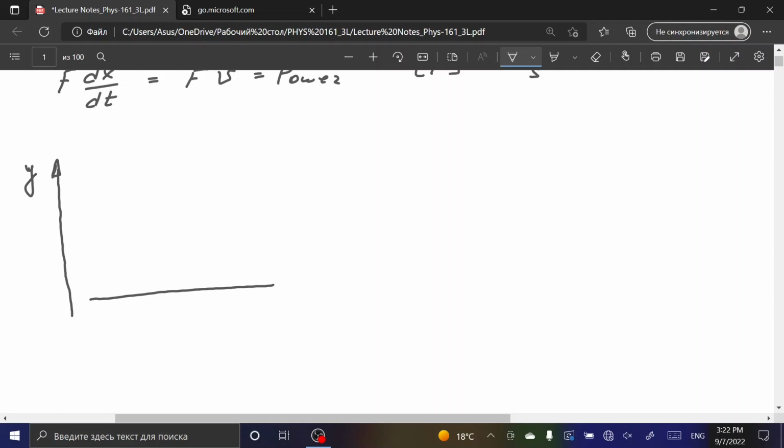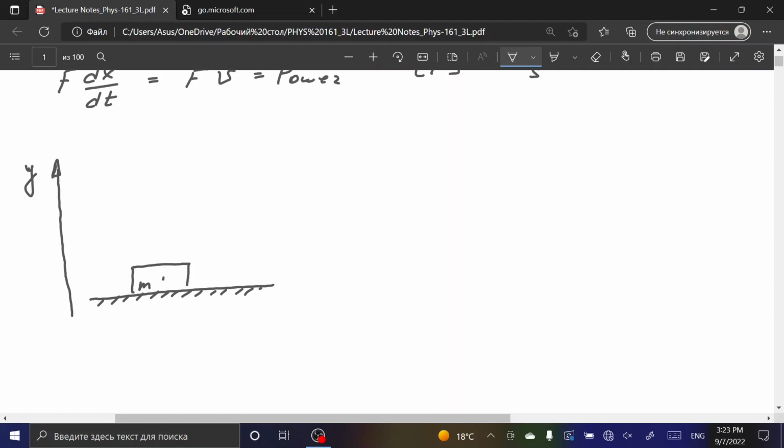We have some zero level, which is our surface, say ground, and a block with some mass m, which resides on the ground.